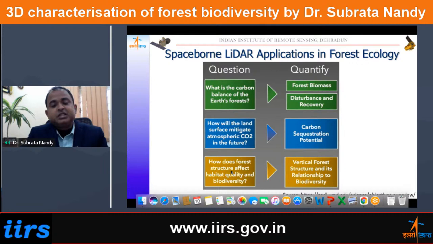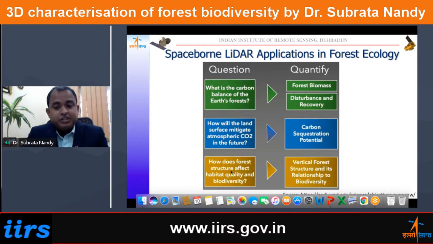If there are changes in structure, structure which we can get through LiDAR data, how will it affect the habitat quality, and how can it influence the biodiversity?